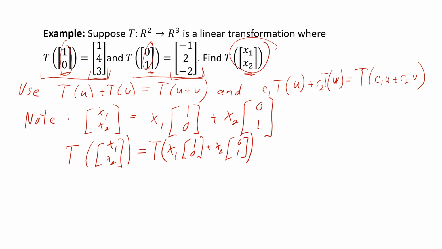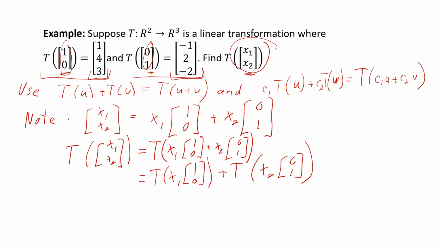But now this thing on the right-hand side is equal to T of x1 times 1, 0 plus T of x2 times 0, 1, because my rule of a linear transformation says that if I'm adding things up first and then transforming, I can change it around and transform first and then add.